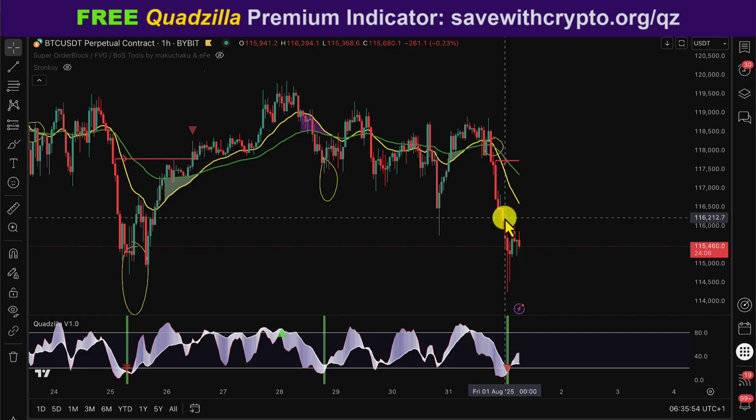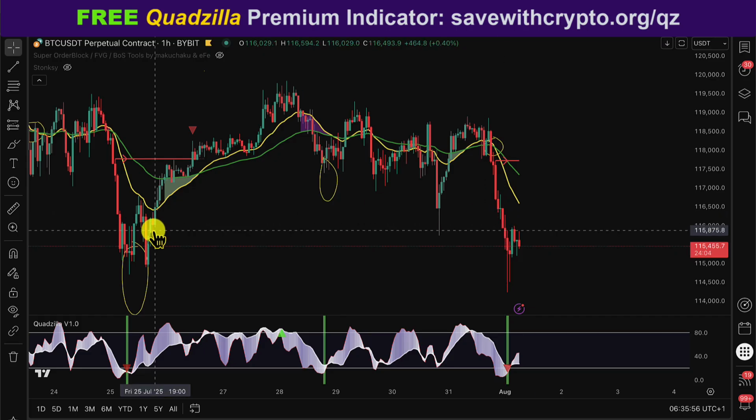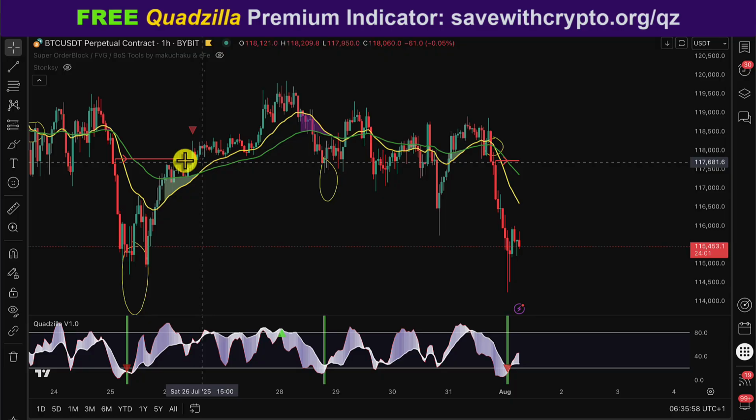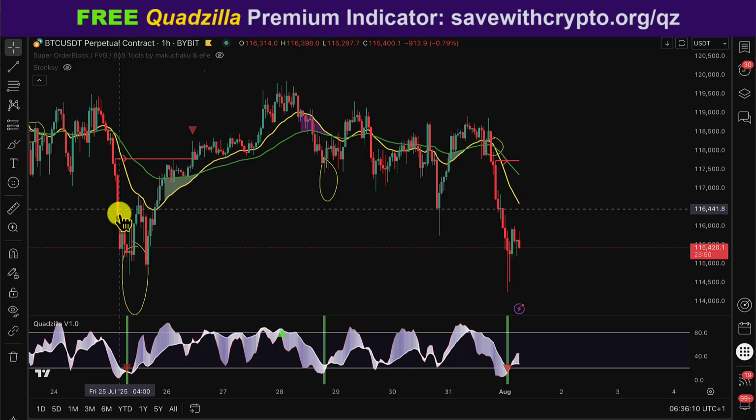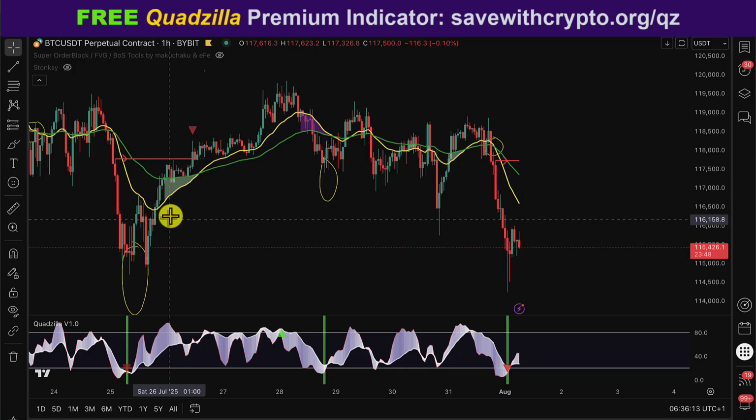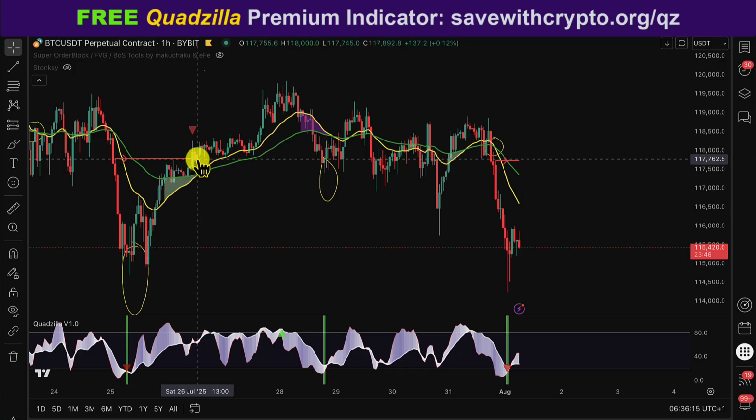Now what the new indicator does, it draws in these retracement levels here, like this one here, and what that means is as the prices are coming down, it's going to drop further, but it's probably going to retrace to that level at some point. And you can see perfectly here, it came down, went back up and retraced there.